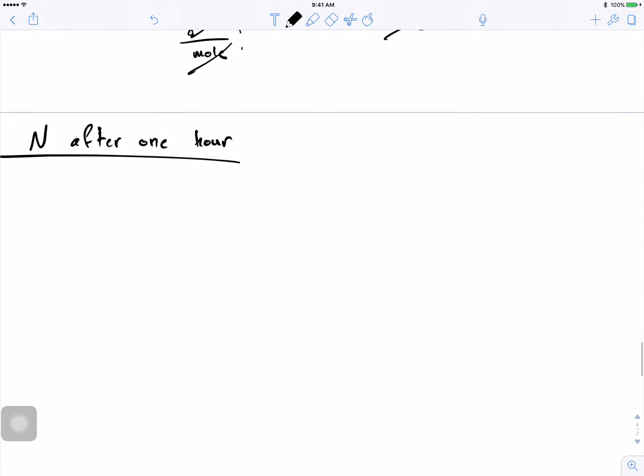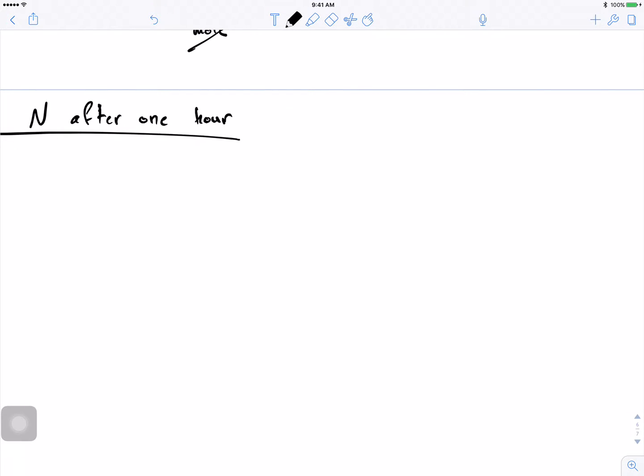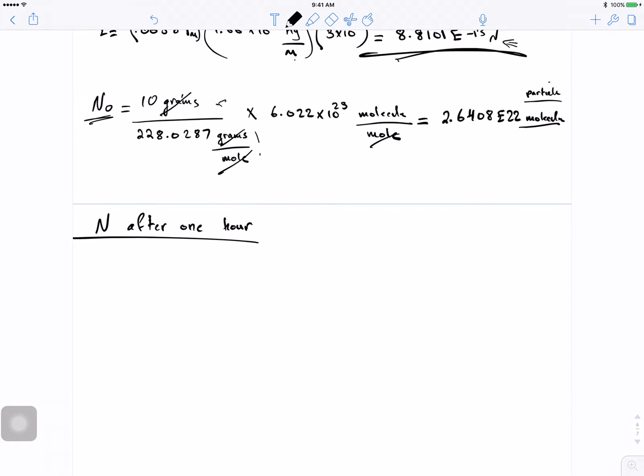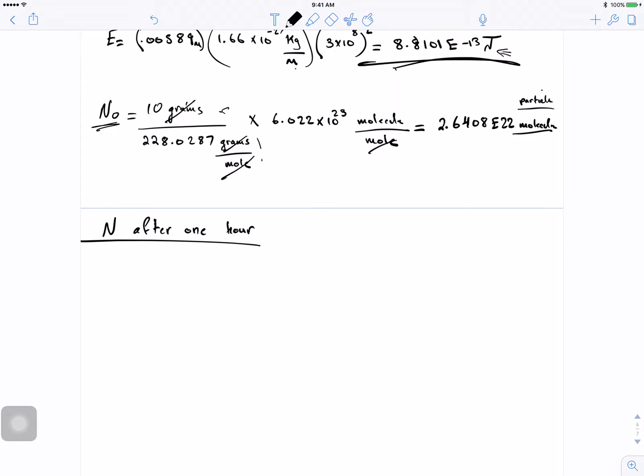And if you look back at the question, exactly what we need to find is the difference in particles, so how many particles we lost in this reaction. So what we really need to find is delta N, which is going to be equal to the initial particles minus what we have after, which is N. Does that make sense?